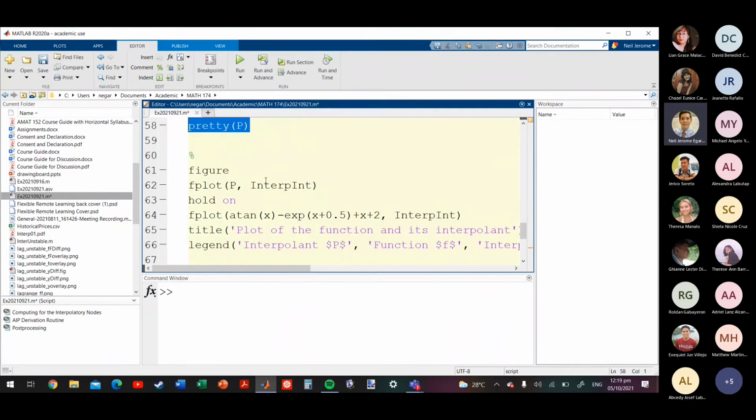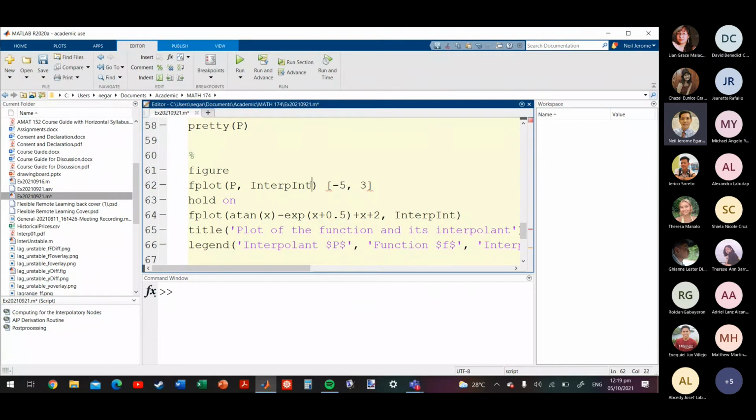Tapos ginawa ko yung figure ni P over the interpolatory interval. Medyo inautomate ko na siya ng konti. Remember, before I used to put here an interval of the form, ganito yung nakalagay dati, -5 to 3, yung nakalagay dito sa loob ng f-plot.